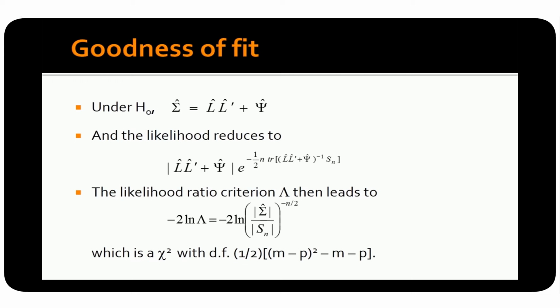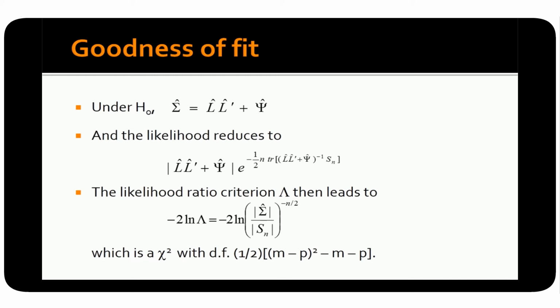How do you get these degrees of freedom? Remember, for the unrestricted case, the number of parameters is, you have the sigma matrix. So, the sigma would have unique elements. How many unique elements? There would be m minus 1 plus m minus 2 and so on up to 1 off-diagonal elements and m diagonal elements, because this is a symmetric matrix.